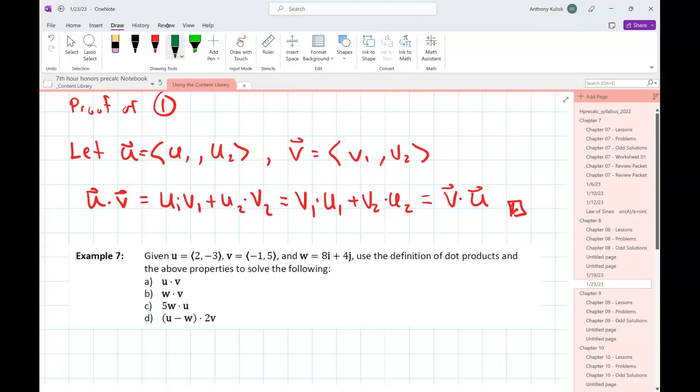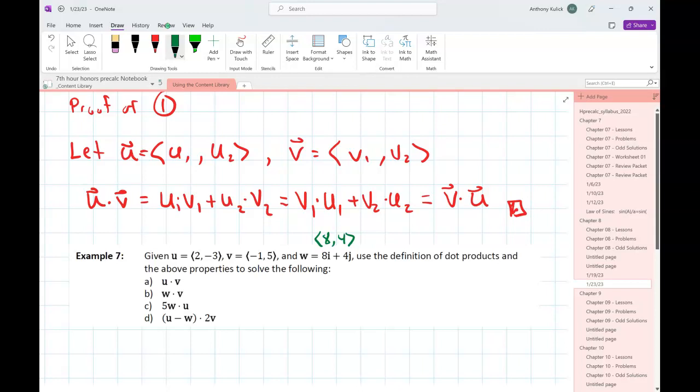And given that all my definition for dot product was in component form, the first thing I'm going to do is change that vector w from linear combination form to component form, so it's clear how I do the dot product. So the way I do that is just the coefficient on the i becomes the x component, and the coefficient on the j becomes the y component.